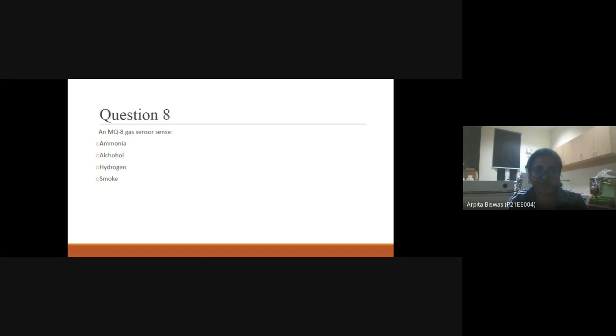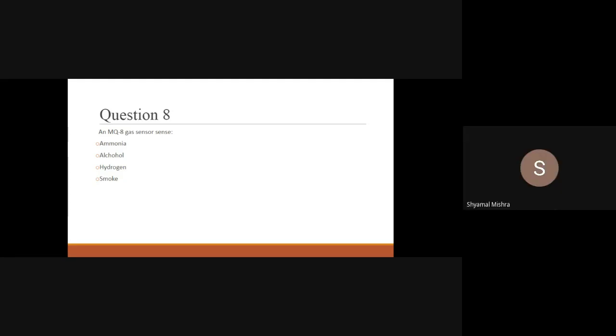An MQ8 gas sensor senses ammonia, alcohol, hydrogen, or smoke. I have no idea about MQ8. Can you guess? Okay, I will guess.